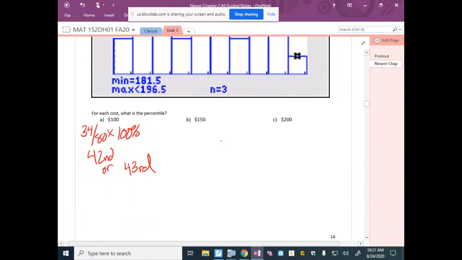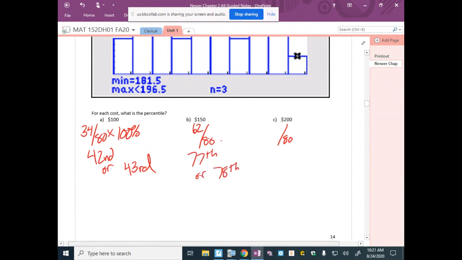All right, $150. Well, we know we're going to be dividing by 80 in each case. But for the $150, how many phone bills were below that? 62. So we could say 77th or 78th.